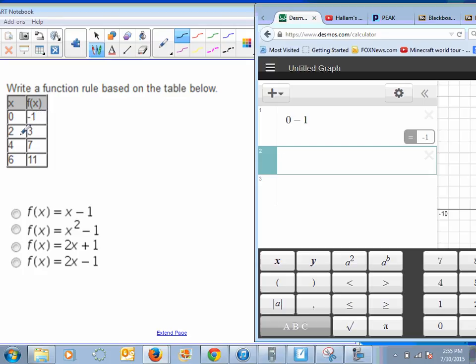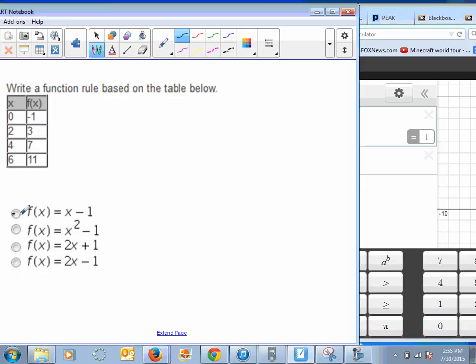Now let's slide down to the next one, 2. 2 minus 1 gives you 1. Well, when x is 2, f of x should equal 3, but we're showing a 1. So this is not the answer.